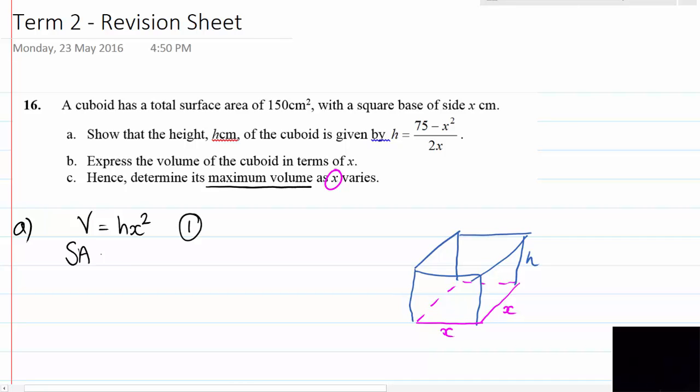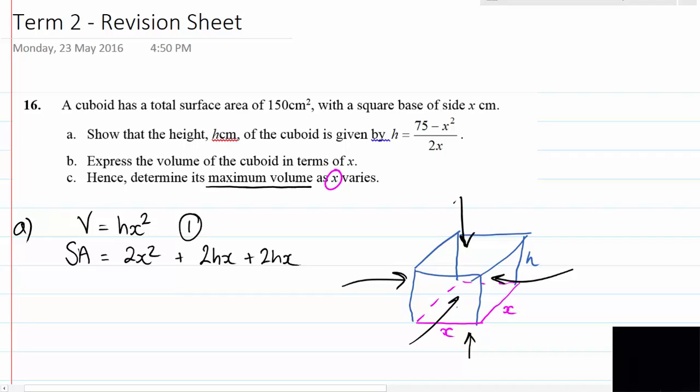And I know that the surface area is equal to, first of all, 2x squared, and that will give me the base and the top, plus 2hx, which will give me this side and this side, so the two sides, and then another 2hx in this case, which will give me the front and the back. And that simplifies down to 2x squared plus 4hx. But notice also that the surface area is equal to 150.